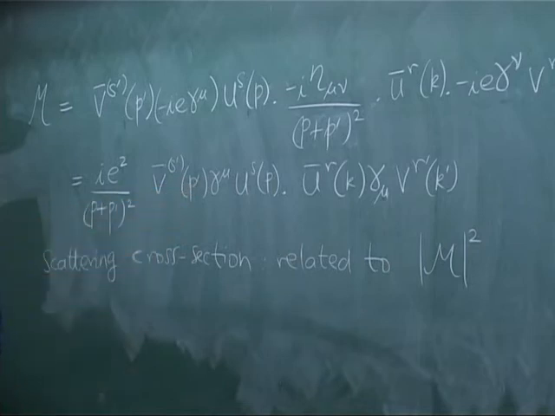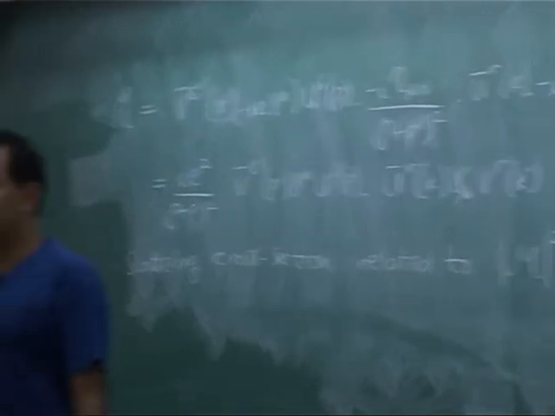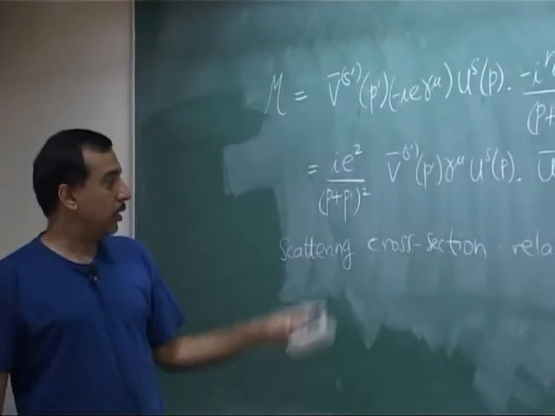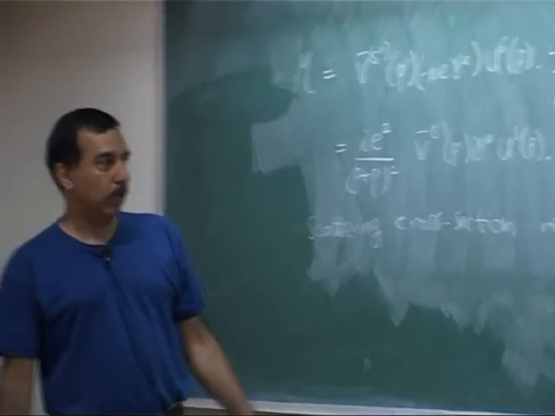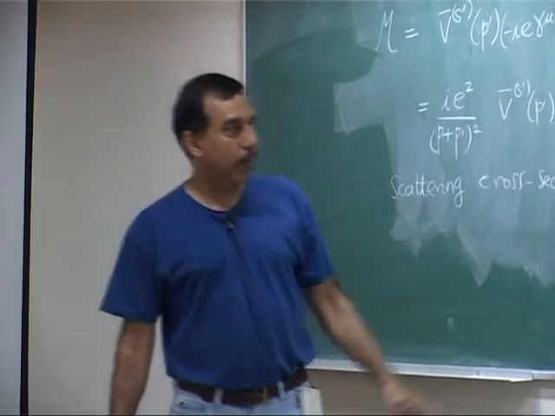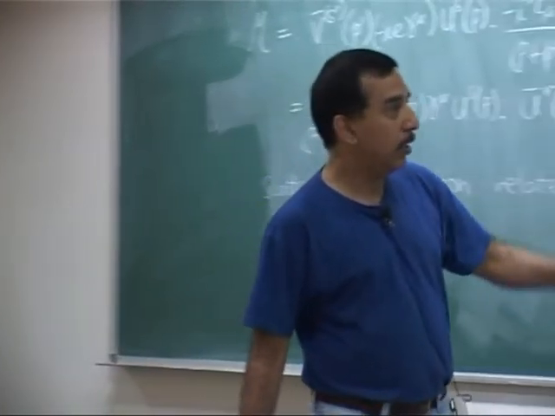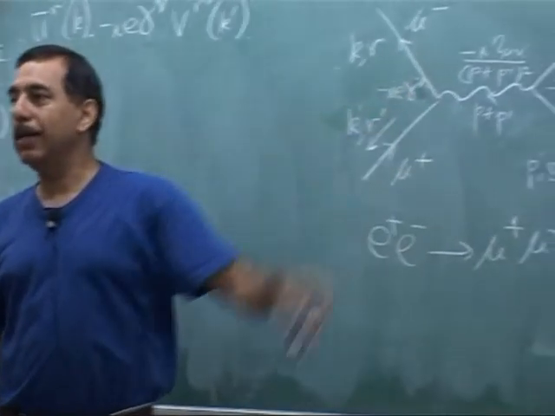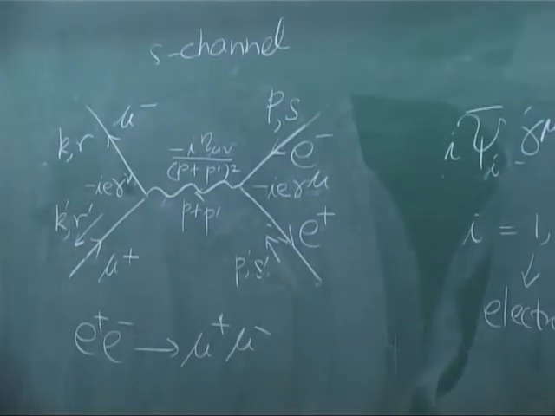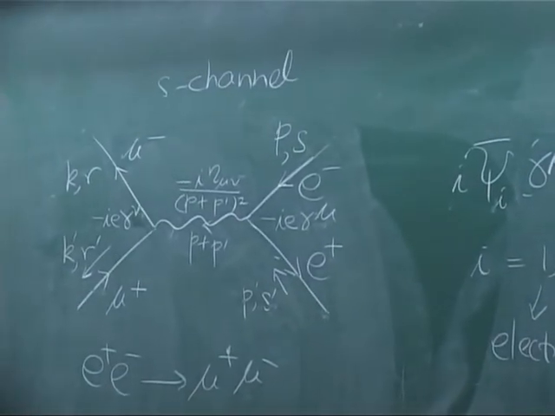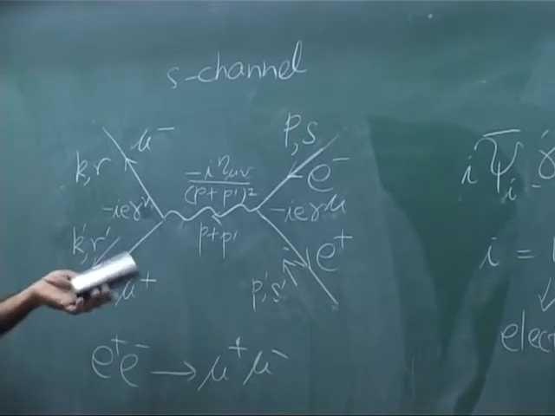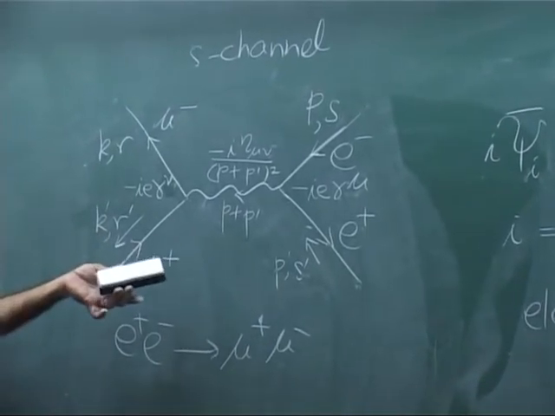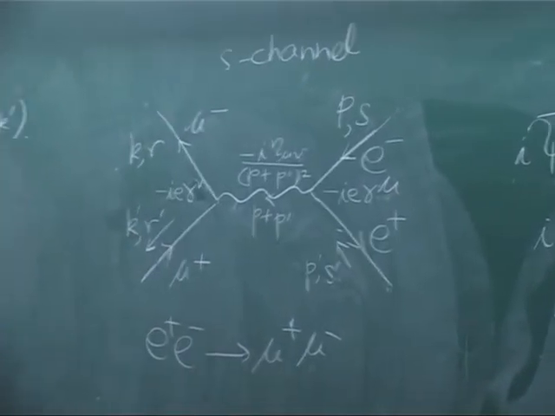In quantum mechanics, the observable things are squares, mod squared of amplitudes, which are probabilities. So, cross section is related to mod m squared, and please keep in mind that for m, if there were many diagrams like S and T channel, I have to first add them to get m and then take the mod square, not take each diagram separately, find its contribution to m and take its mod squared.